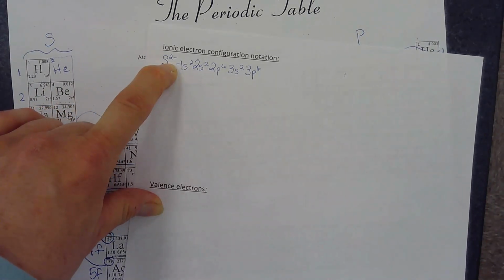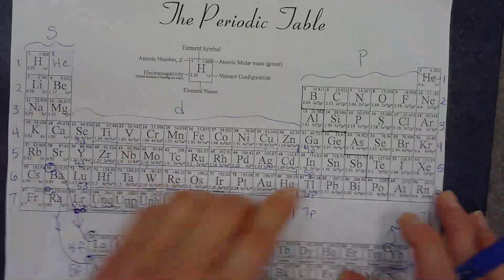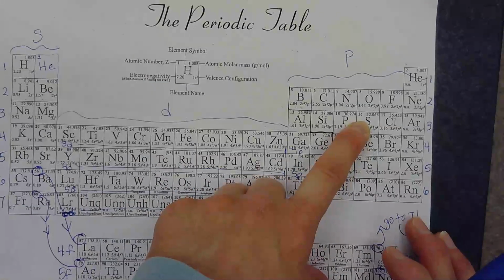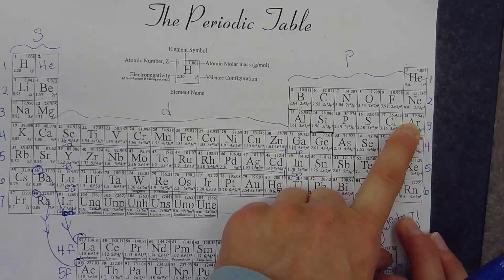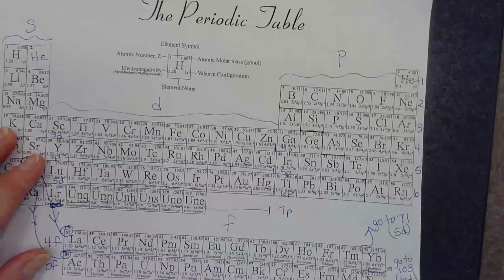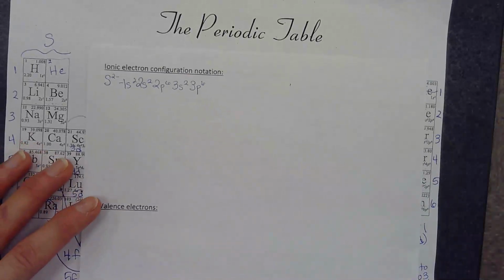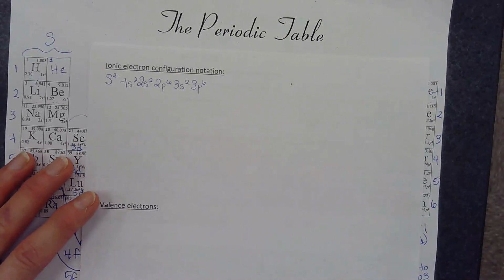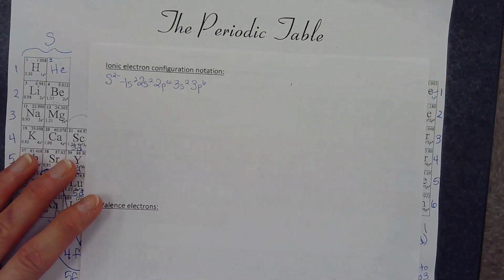So if it had 16, 16 plus 2 is 18. Who has 18? So you draw argon. Does that make sense? So you should have 1s2, 2s2, 2p6, 3s2, 3p6 on your notes.